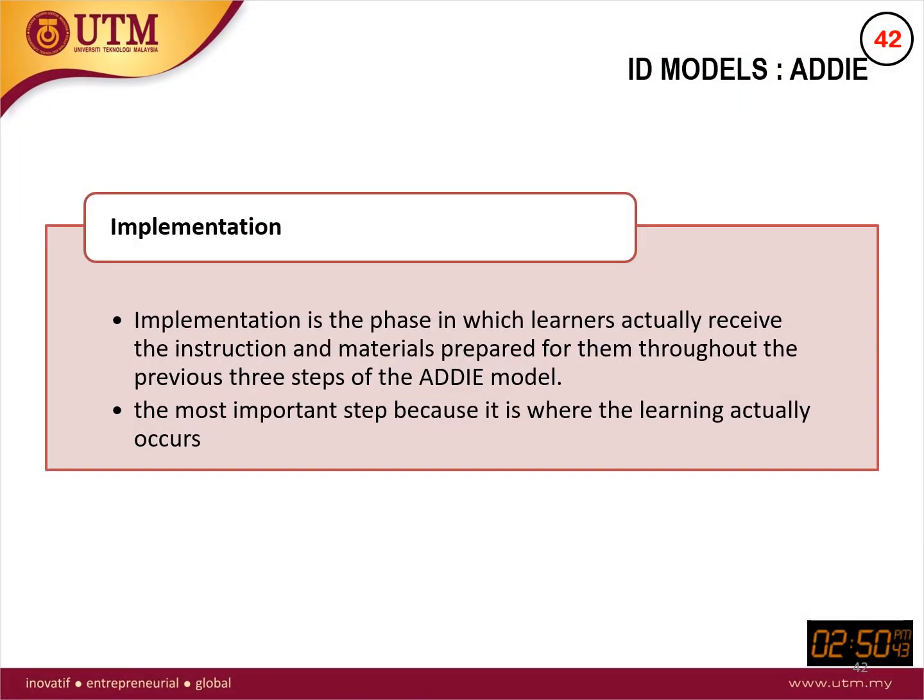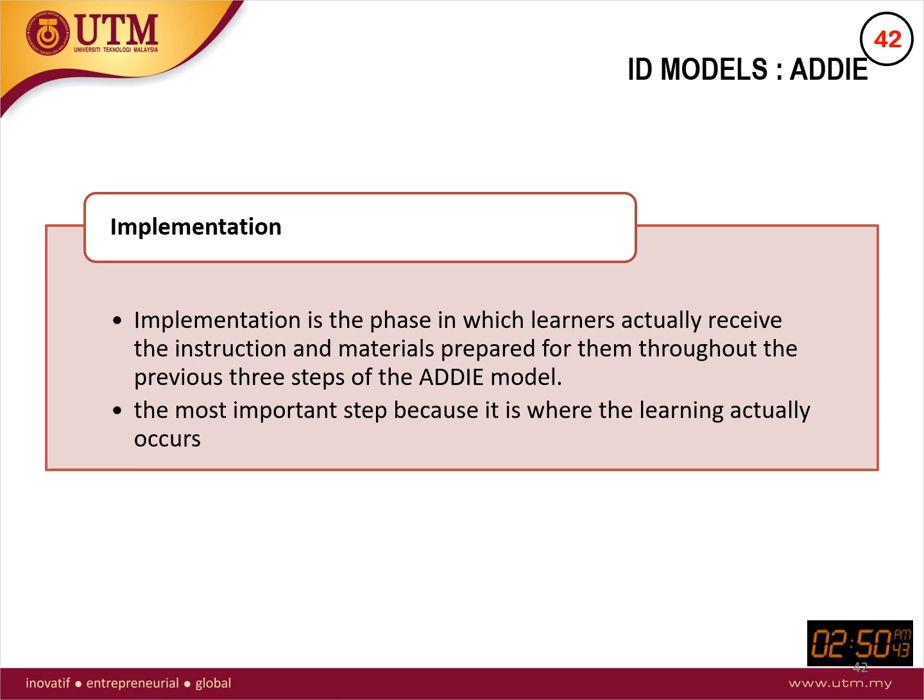And then the next phase, which is implementation. We are done with the development, so we give the link of the website to our students to actually start using it. So in this phase, learners actually receive the instructions and materials prepared for them throughout the previous 3 steps of the ADDIE model.